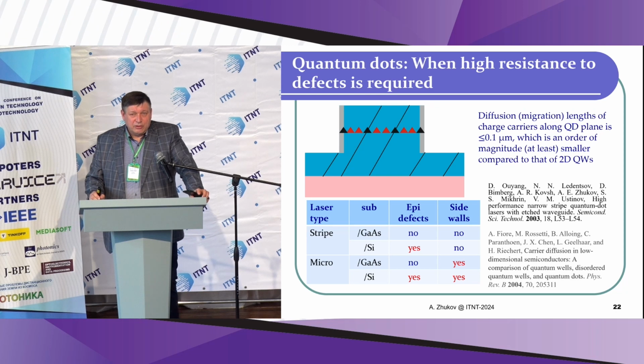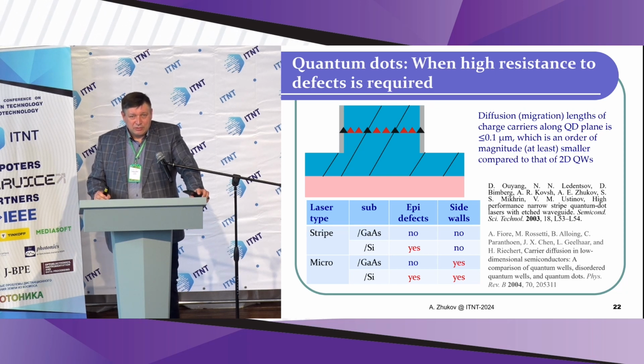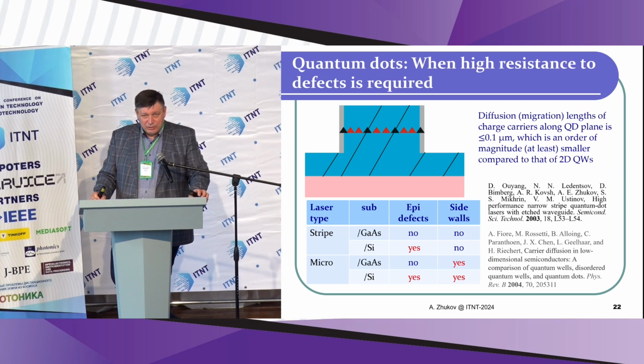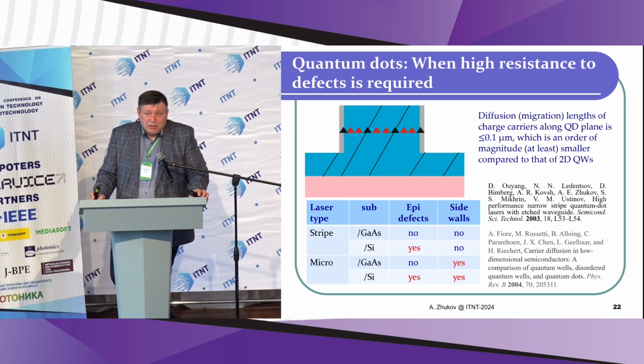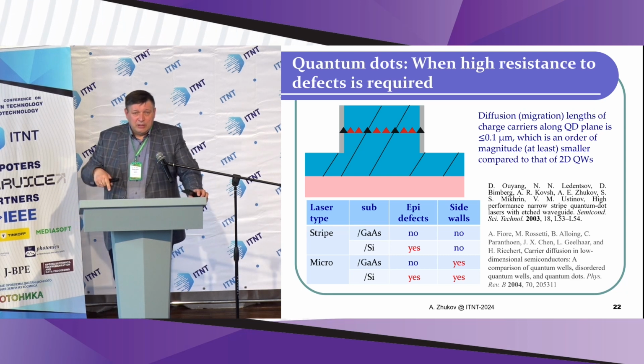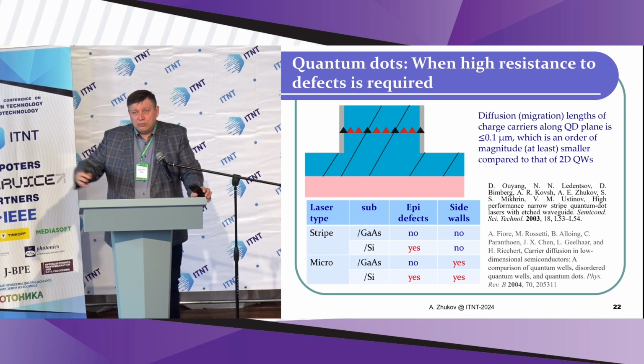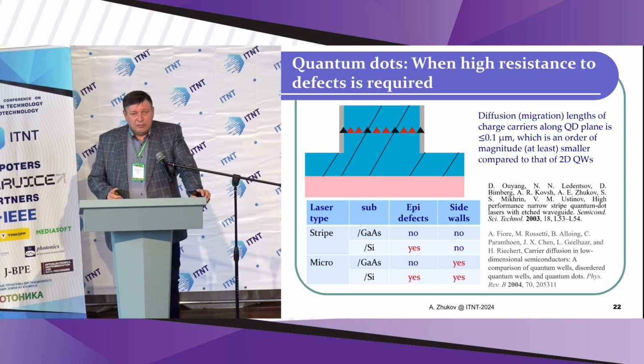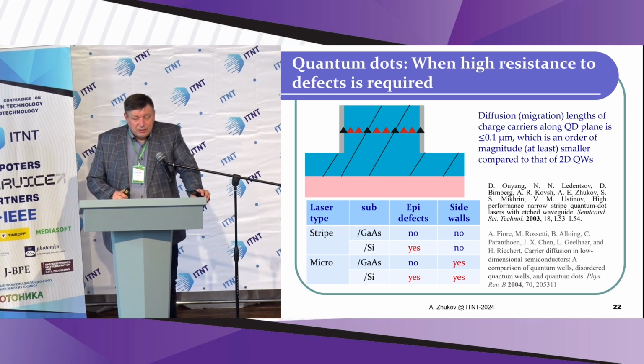Another sort of structure where defects are important is micro lasers, for example micro disc lasers or micro ring lasers, because the size of such lasers is comparable to the light wavelength, or maybe tens of micrometers or so. In this case, the surface plays a very important role compared to conventional Fabry-Perot lasers, and quantum dots also give rise to very promising characteristics because of their stability against surface recombination.